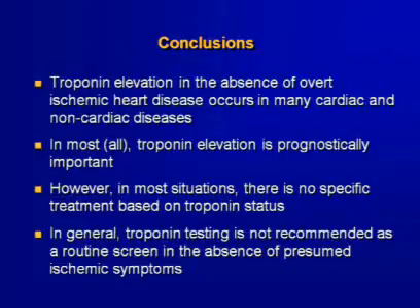In most situations, outside of vasospasm, for example, we really don't have a specific treatment to base on the troponin status. And so I like to think of testing not as a routine screen, but as clinically driven, and I think that will help us sort through some of the problems with the type 2 or absence of overt ischemic heart disease troponin positive patients.